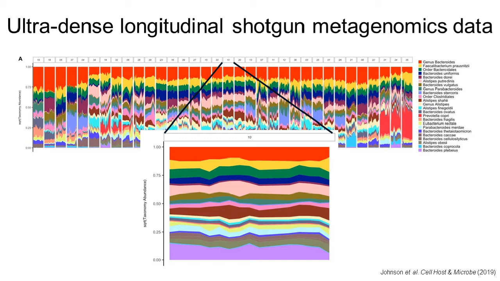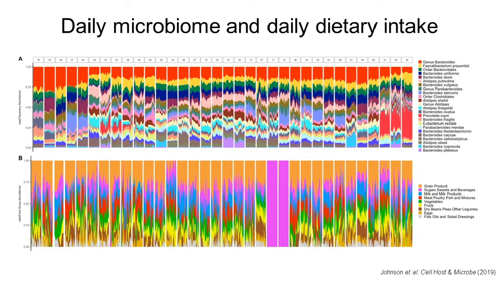But on the other hand, you can see there are some others who are quite variable in their microbiome. And there are a number of other things you can see just by staring at this. For example, each person has their own microbiome fingerprint or profile.